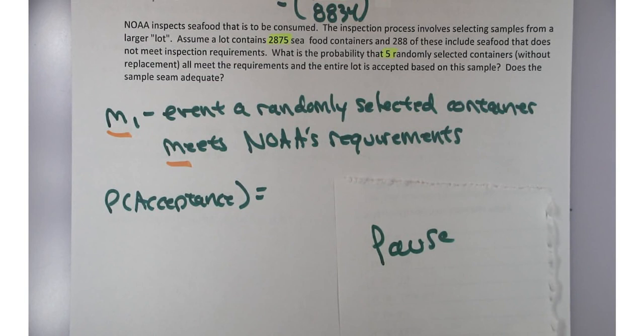Yeah, I think that's right. It's the same. All five of them have to meet the requirements, and since this one was just M1 and M2 and M3 of all n, within the sample size of 5, you just have to subtract this from that.